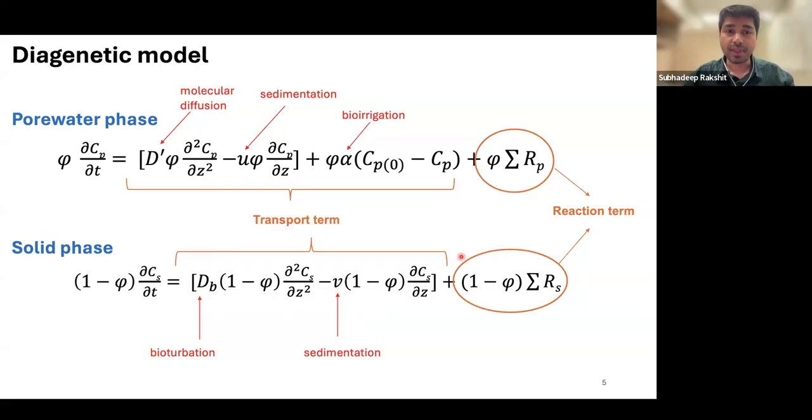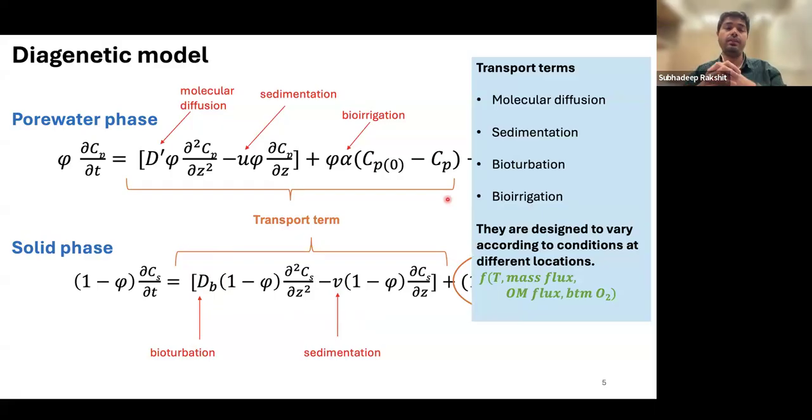And if the aim is to apply this model from an Earth system modeling perspective, that means we cannot tune these parameters by hand, but instead have to express these parameters as a function of some kind of information that we can read from the Cobalt model, which is the biogeochemistry model of the water.